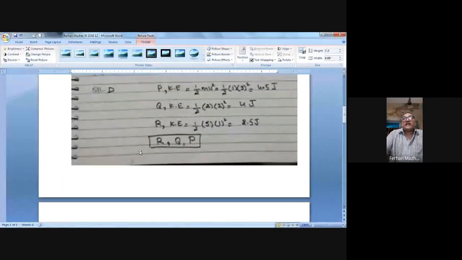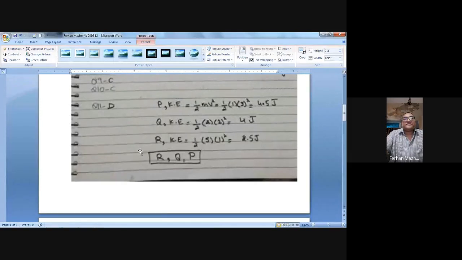On your screen, I hope you are able to see. So kinetic energy of P, apply the formula, put the values, you get 4.5 joules. Kinetic energy of Q, apply the formula, put the values, get the answer 4 joules. Kinetic energy of R, apply the formula, put the values, get the answer 2.5 joules.